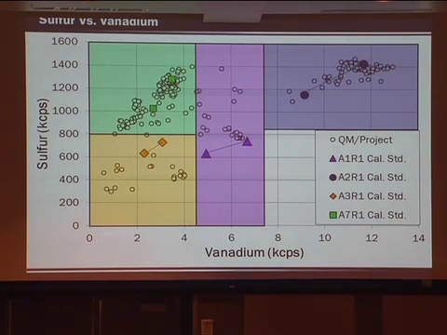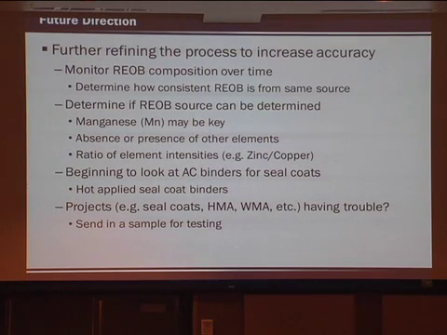I shaded in the areas where, depending on the sulfur and vanadium content you get on the unknown sample, you would use that particular standard, of the 4 we used, to calculate the amount of Rehab in your sample.